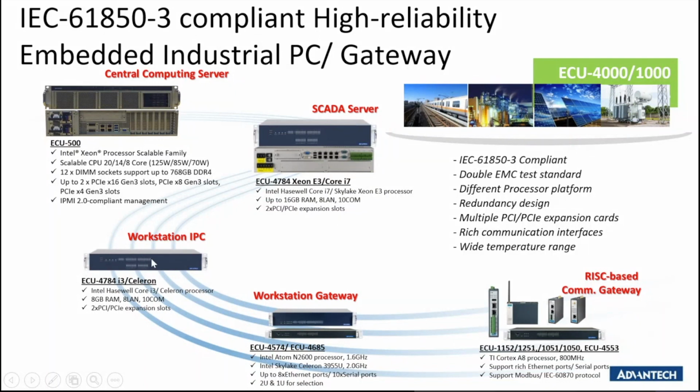For this ECU, we also have i3 or Celeron processors. For the workstation gateway, we have the ECU 4574 or ECU 4685, which run on an Atom or Celeron processor. And for the RISC-based communication gateway, we have the ECU 1000 series, which is mainly focused on RTU or FTU itself.